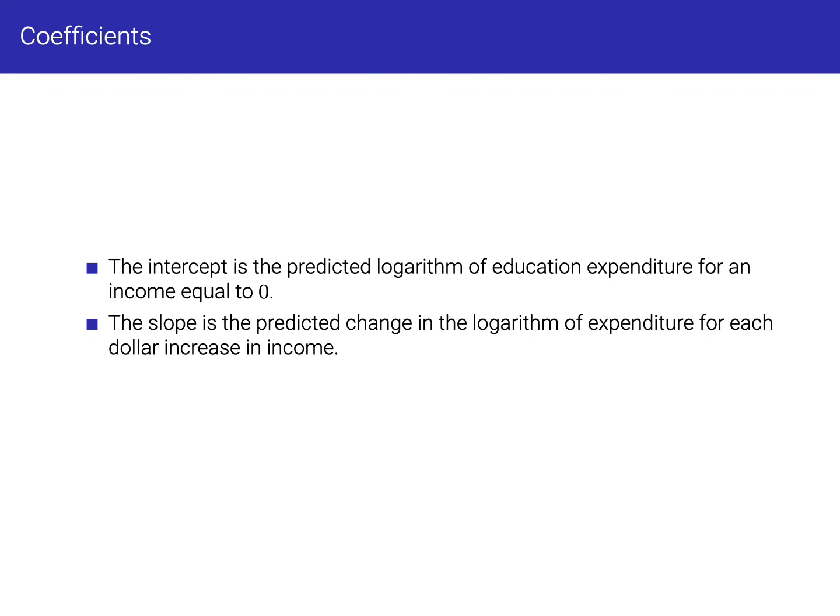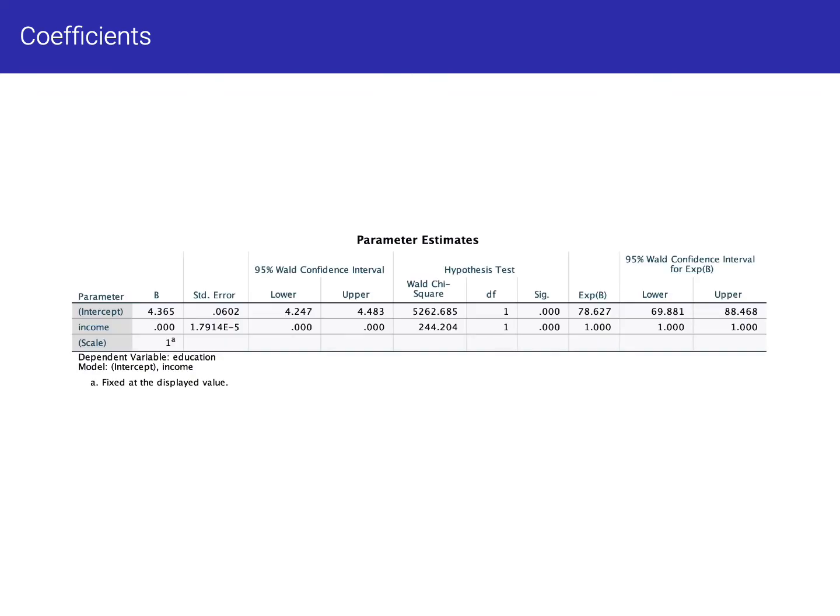So the intercept is the predicted logarithm of education expenditure for an income equal to 0. So in other words, here, this 4.365 is the predicted logarithm of education expenditure if the state that we're studying had an income of 0.